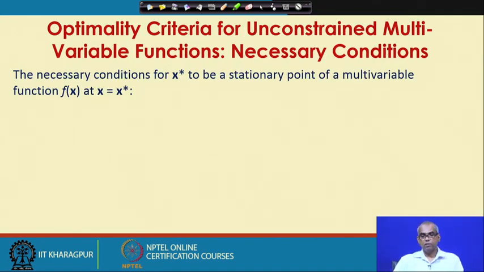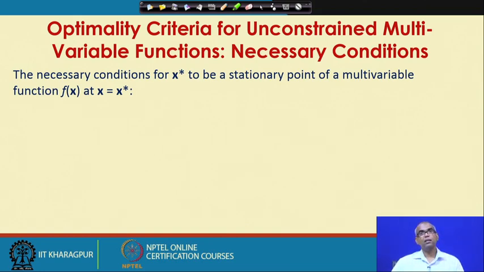So, let us first discuss the necessary conditions for optimization of unconstrained multivariable functions. So, optimality criteria for unconstrained multivariable functions, what are the necessary conditions? The necessary conditions for x star to be a stationary point of a multivariable function f x at x equal to x star.